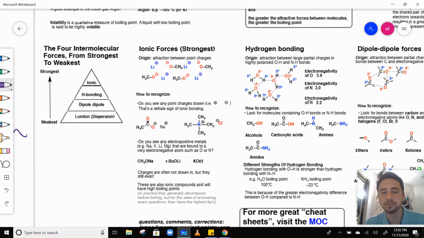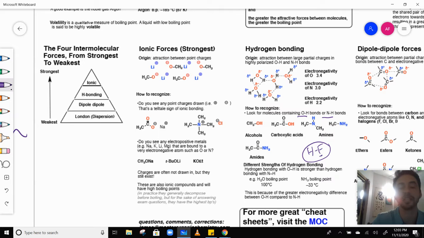So hydrogen bonding, again, look for molecules containing OH or NH. HF is the only one with fluorine that has hydrogen bonds. Okay, because fluorine only forms one bond, so it's not going to connect with anything else.